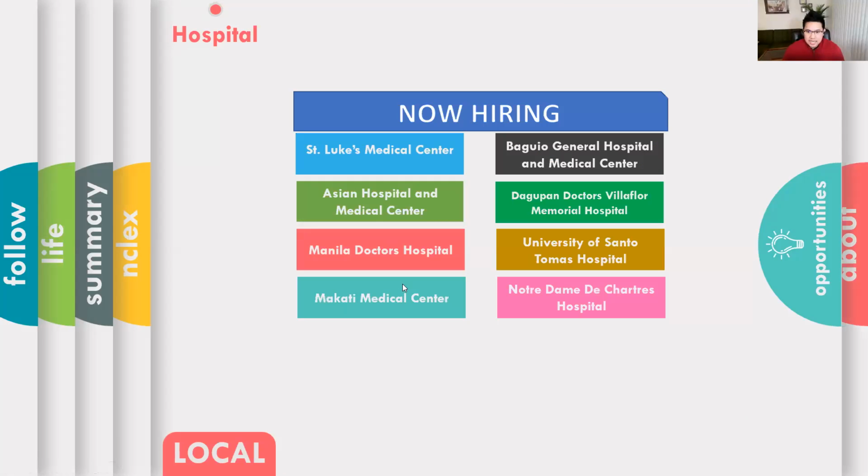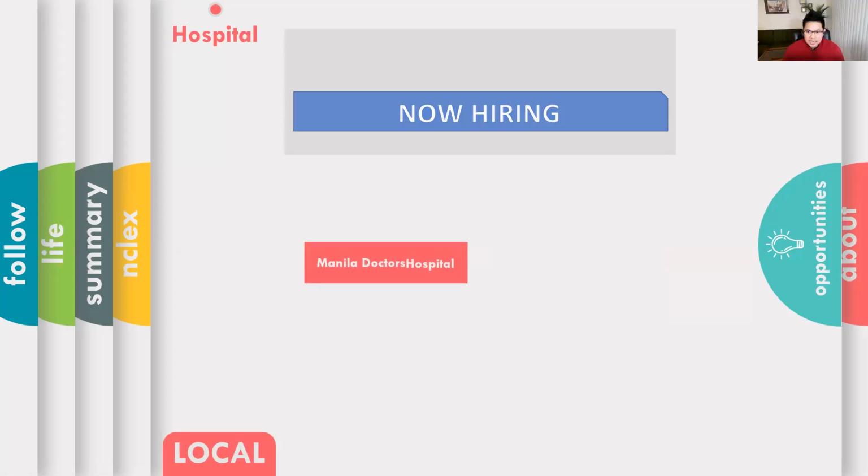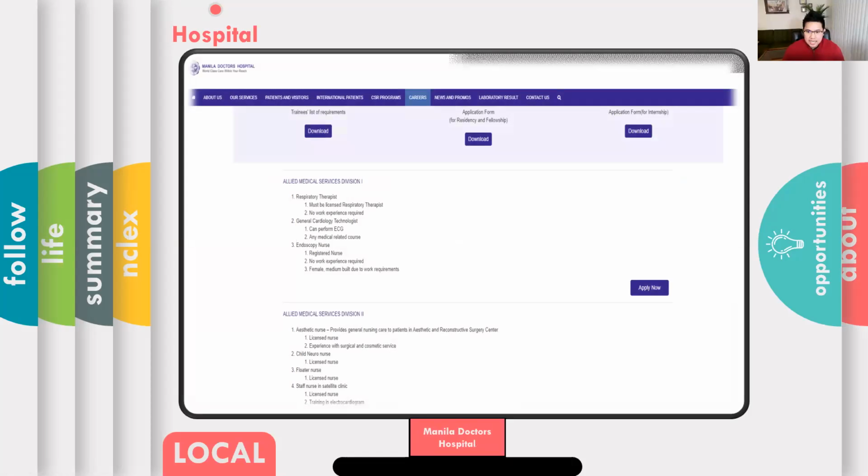The third hospital I found is the Manila Doctors Hospital. This hospital is also hiring for endoscopy nurse and aesthetic nurse. They are also hiring for child neuro nurse and floater nurse, and staff nurses for their satellite clinics.